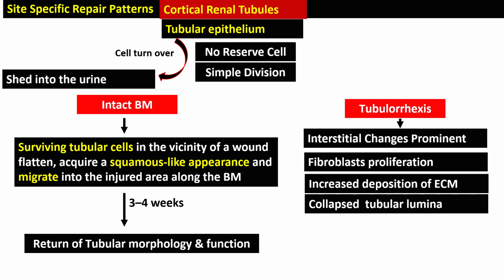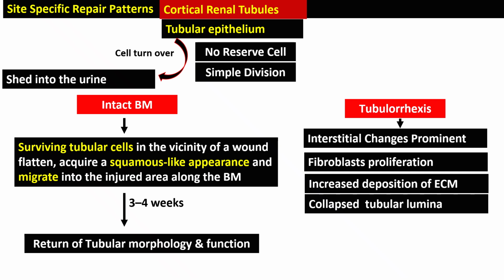So this can be visualized by a pipeline system that can be used for tubule. This pipeline system of tubule is sitting on a concrete base, that is basement membrane. When there is surface damage, the workers, that are epithelial cells, reseal the cracks quickly.